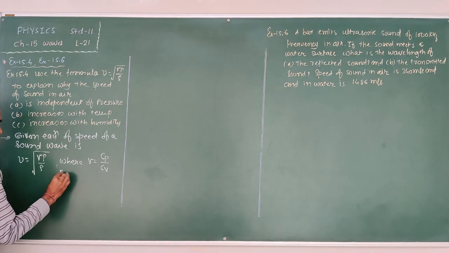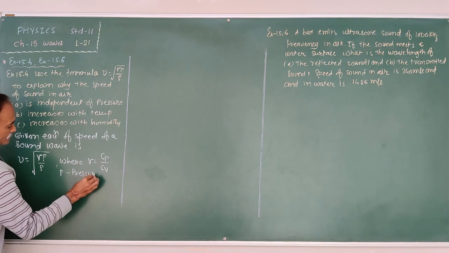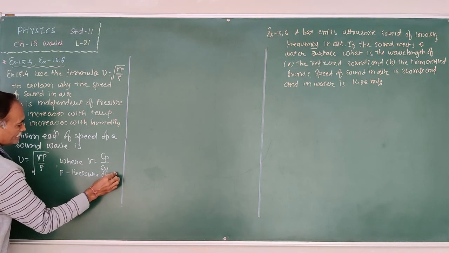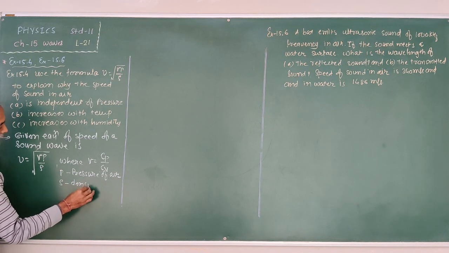P is pressure of the air medium, rho is equal to density of the air.